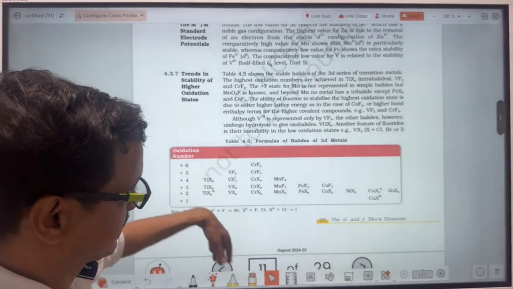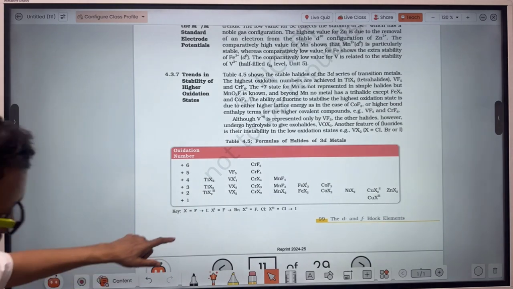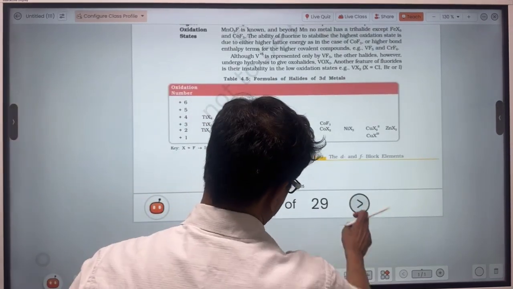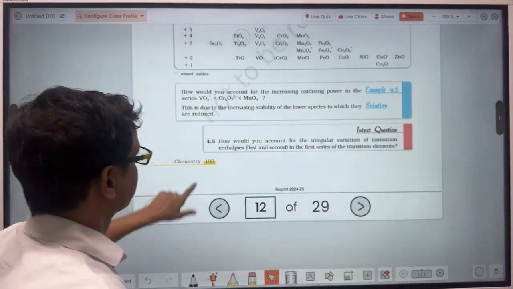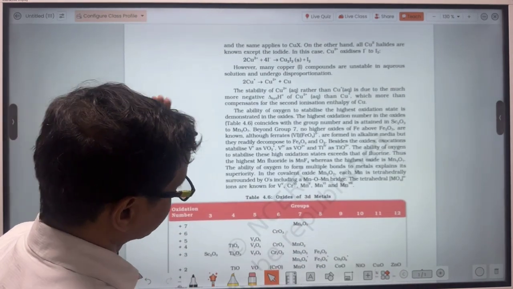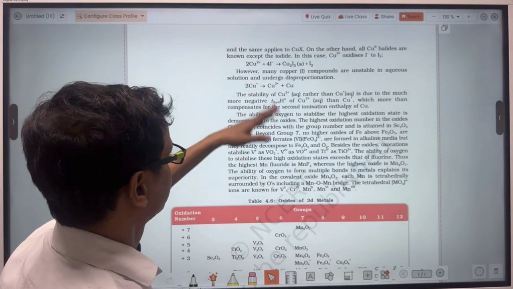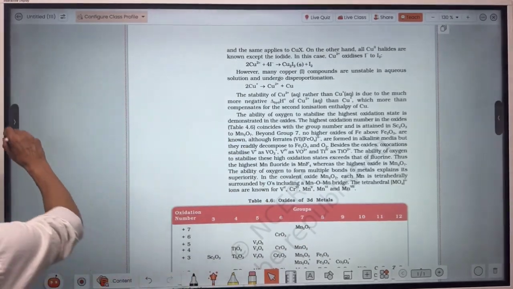So that was about the trends in stability of higher oxidation states of halides. Now we will discuss the trends of stability in one point I have left. Listen guys, about the oxides we will discuss also. Let's see about this one oxidation here.